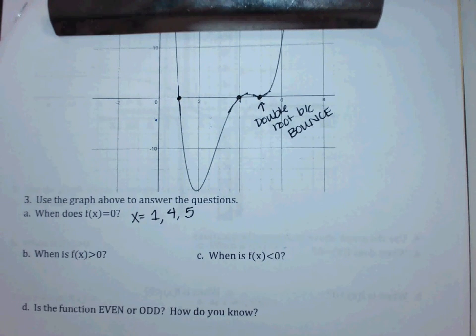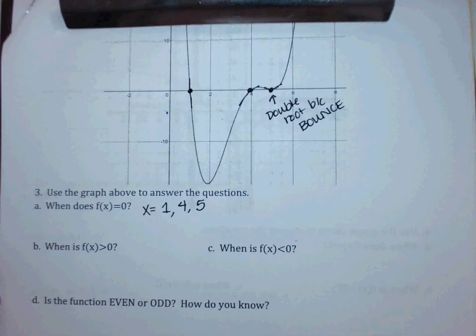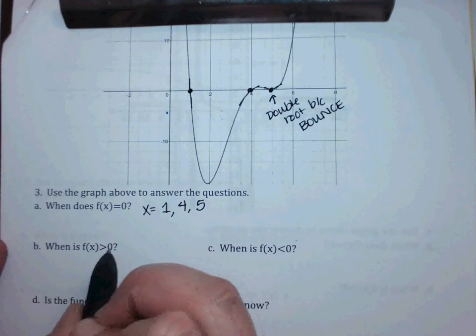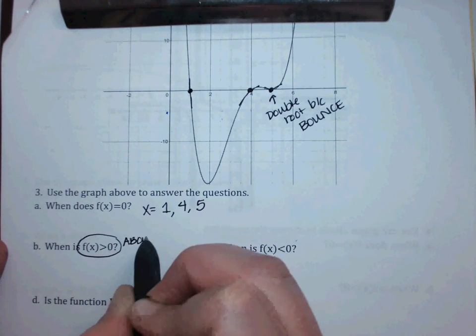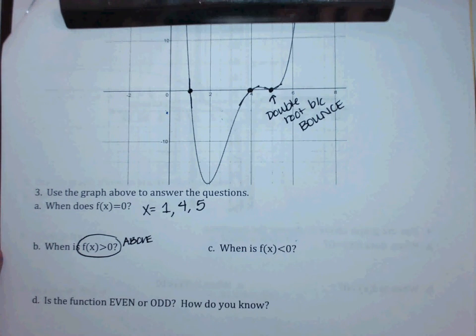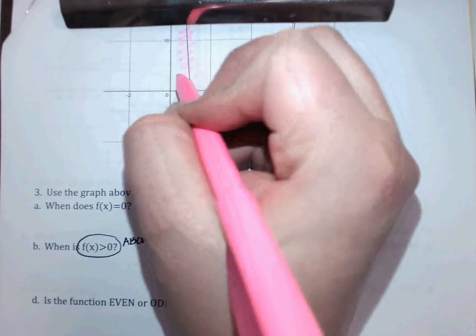Okay? So f of x greater than 0, do I want it to be above or below? Above. So I want you to use your pencil to shade all the parts of the graph that are above the x-axis. Where is it above the x-axis? All the way till 1.